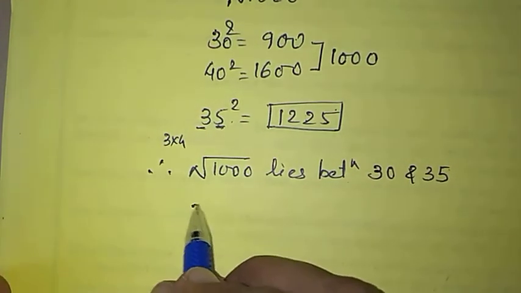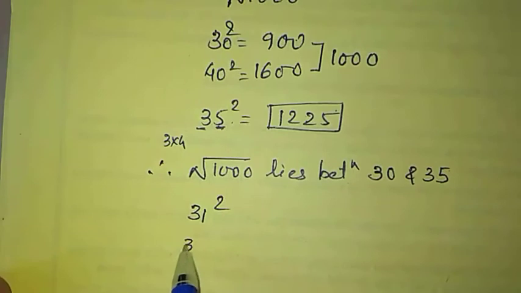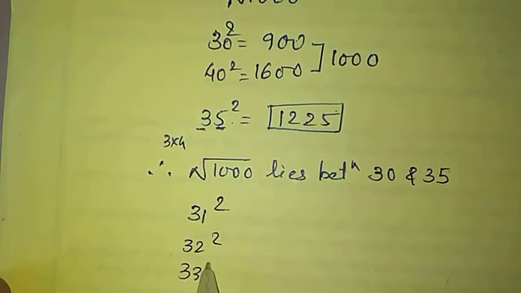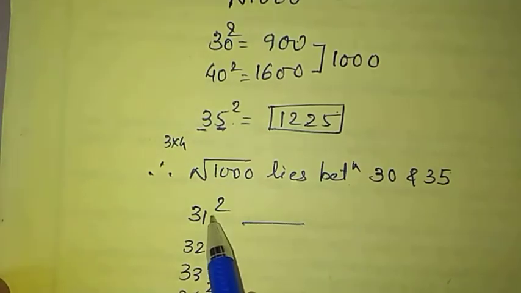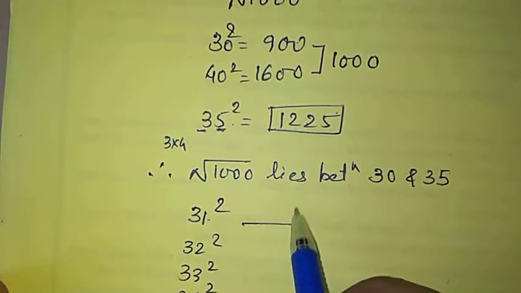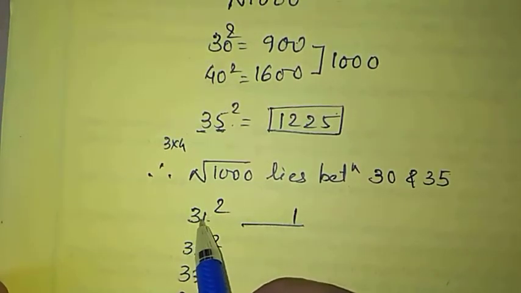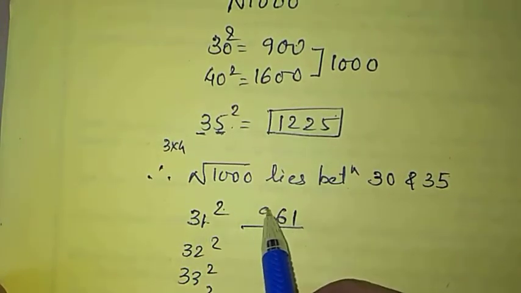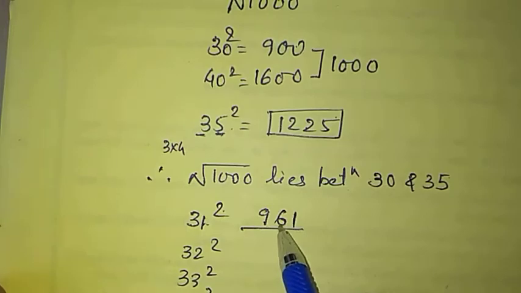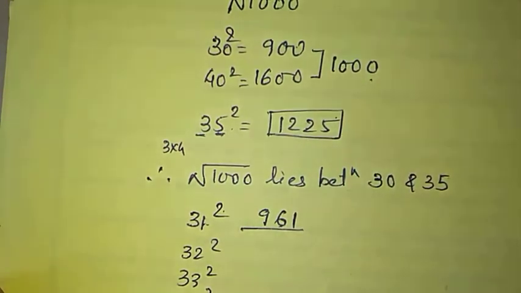So we have to check 31 square, 32 square, 33 square, 34 square. Four numbers. 31 square is easy: 1 1 is 1, then multiplying 3 1 is 3, 2 threes are 6, and 3 3s are 9. So 961, quite close to 1000.